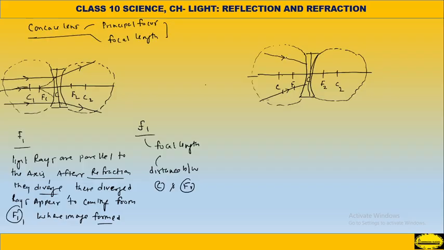We can see that these rays are getting incident on the refracting surface, and they appear to be passing through the second principal focus on the other side, but after refraction they become parallel to the principal axis. So here it will be your principal focus f2.